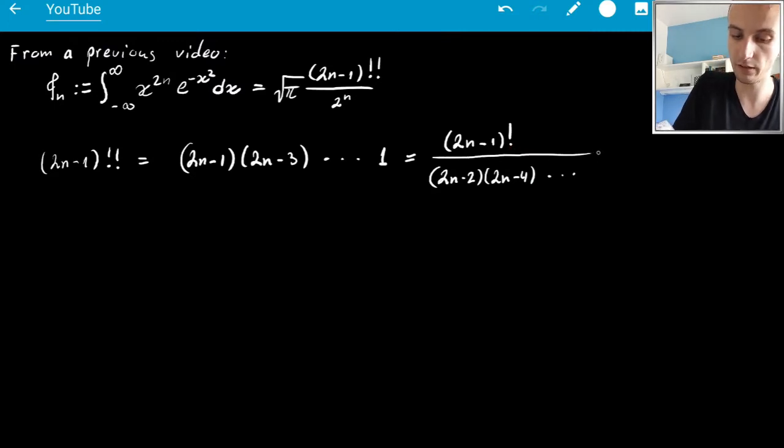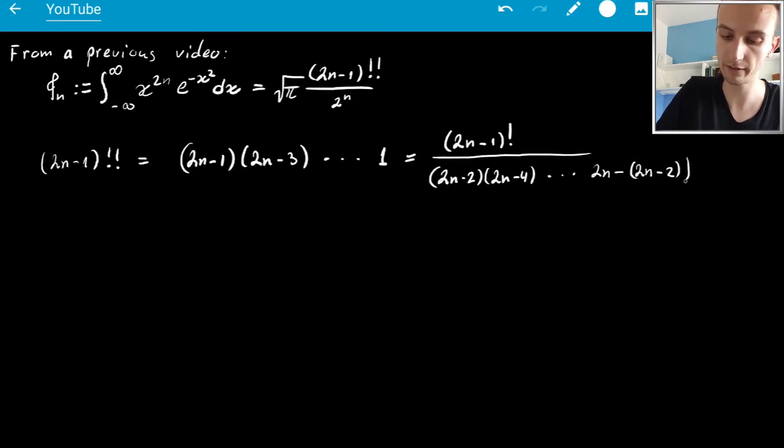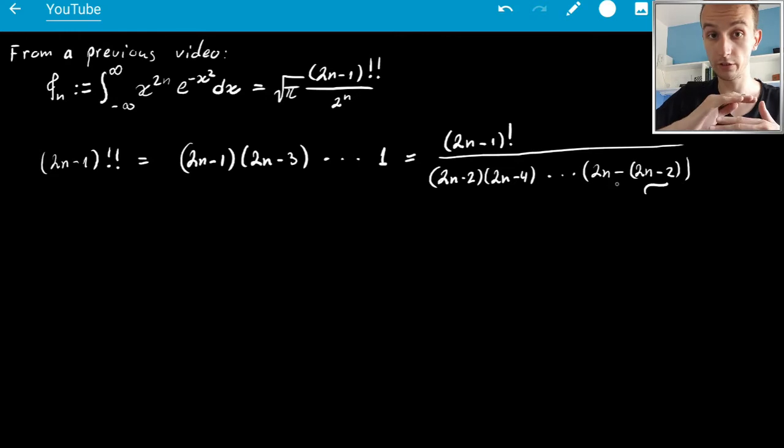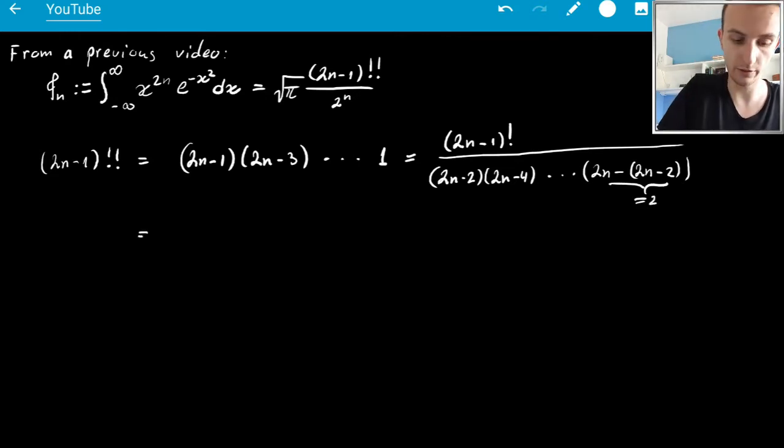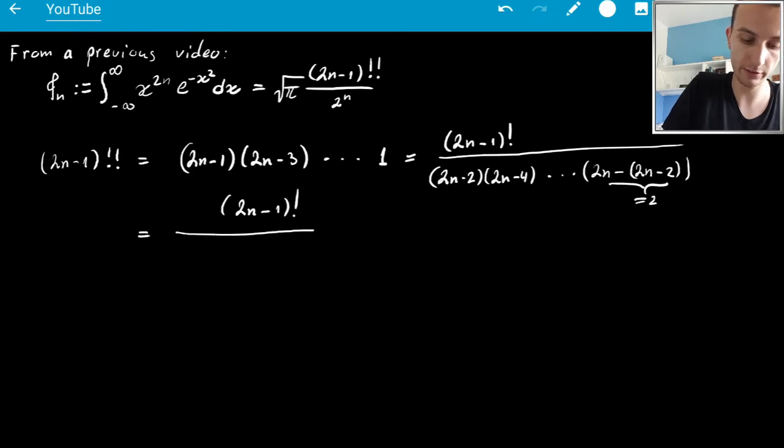And so how long does that keep going? It keeps going until 2n minus (2n minus 2), right? Because we need to lose 2. This is just 2, of course. So we can pull out a 2. We can pull out, well, many 2's actually. So we're left with (2n minus 1) factorial.